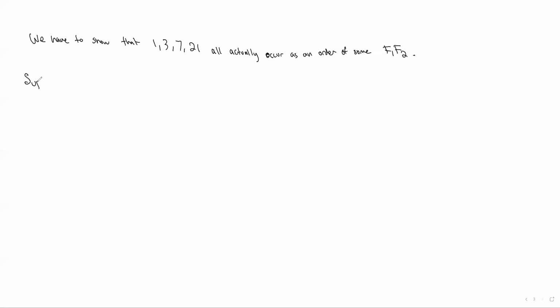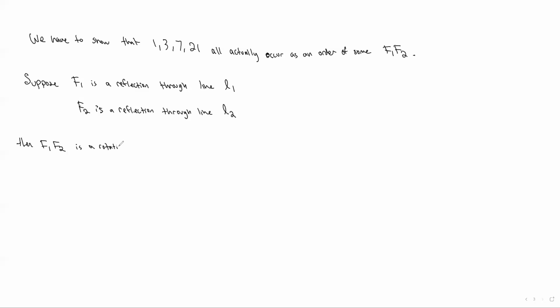So suppose F1 is a reflection through line L1, and F2 is a reflection through line L2. Then F1, F2 is a rotation of 2 theta. By default, it always means counterclockwise.